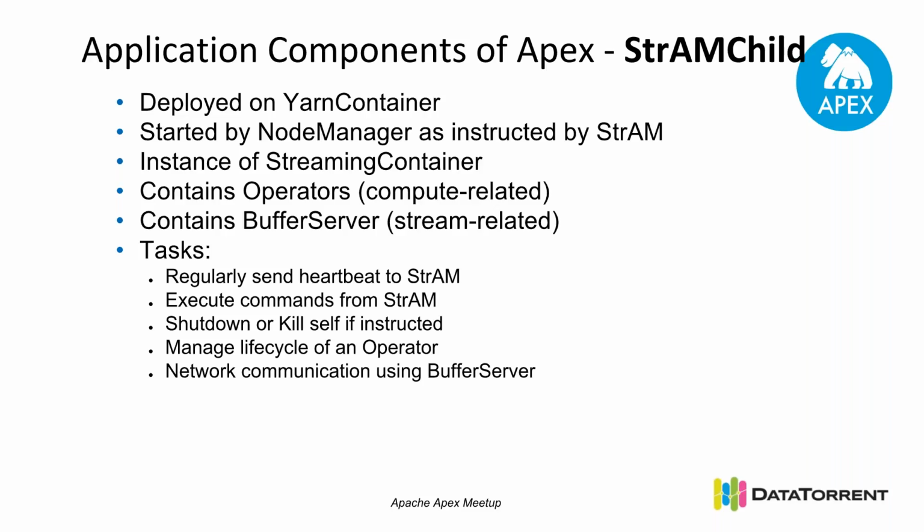Of course your 2 input operators may not handle that load, so you might need to scale up. In that case, our StrAM will go to Yarn and ask, please give me some more containers.